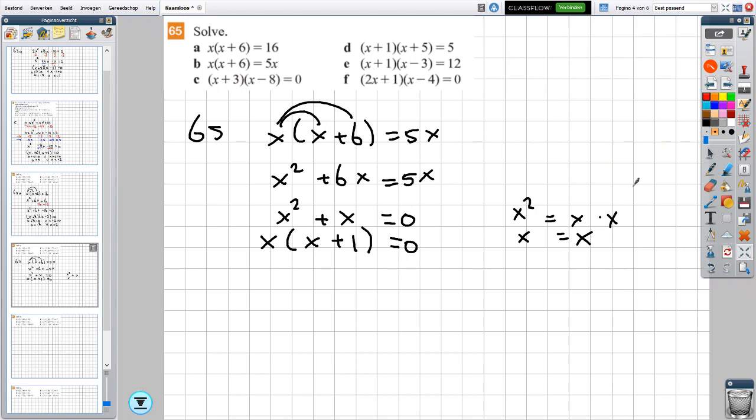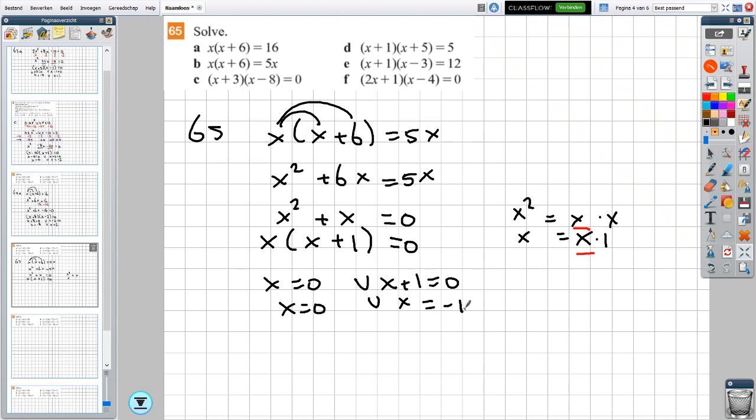If I used up all my prime factors somewhere, I could not write down 0 here. There's still a times 1 here, so that's why I write a 1 here. X is 0, or x plus 1 is 0. This one is already a solution.